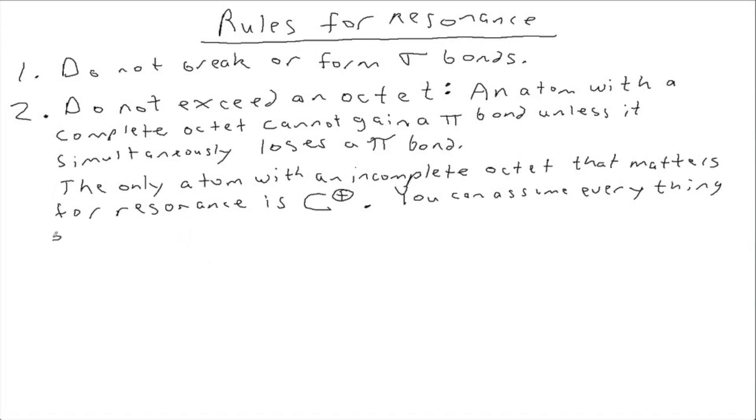that everything else has a complete octet. Okay. So, to go back to the example we were talking about, does this have a complete or an incomplete octet? It has a complete octet. Because it's not C+. Yeah.